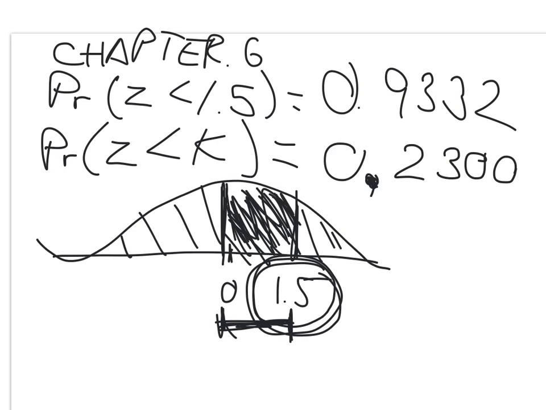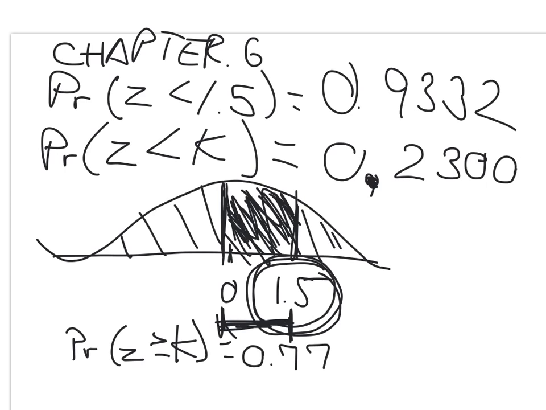Okay? So in the first problem, they're saying the probability that z is greater than or equal to some value k is equal to 0.77. Well, we know by design, the way our table is set up, that we really don't want that.